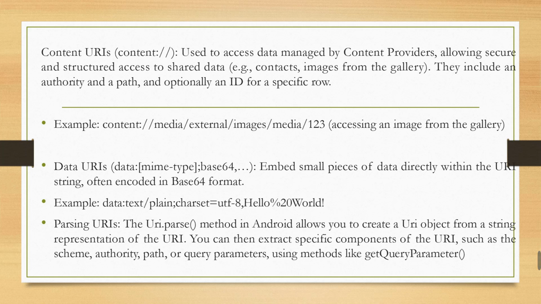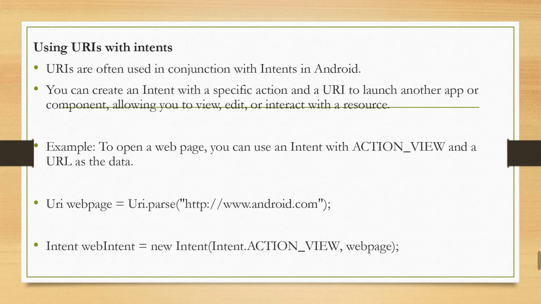Next is your content URI, which accesses the data managed by the content provider. Next is a data URI, which embeds a small piece of data directly within the URI. Next is parsing a URI, which uses the function Uri.parse. It allows you to create a Uri object representing the URI, with scheme, authority, paths, and query parameters, using methods like getQueryParameter.